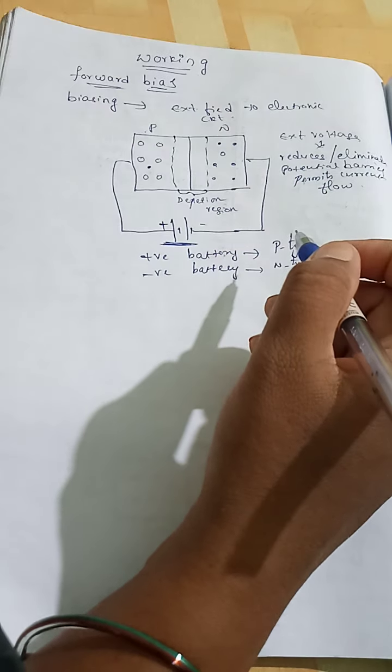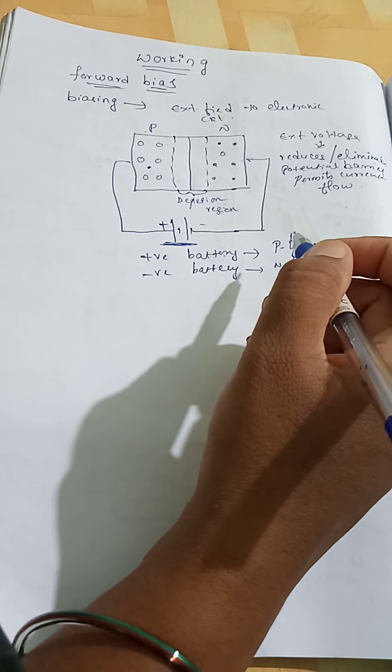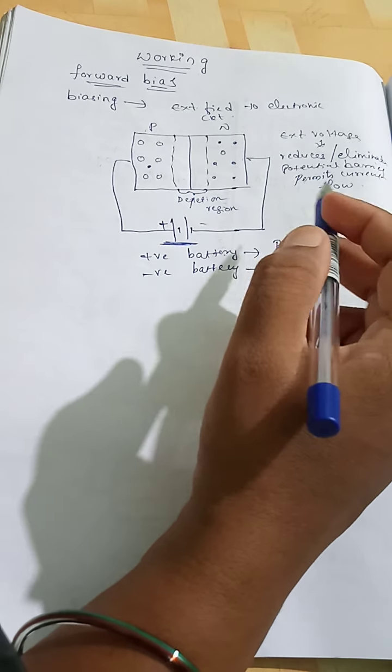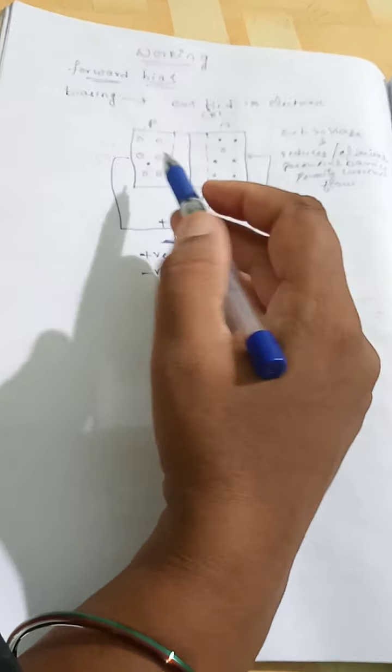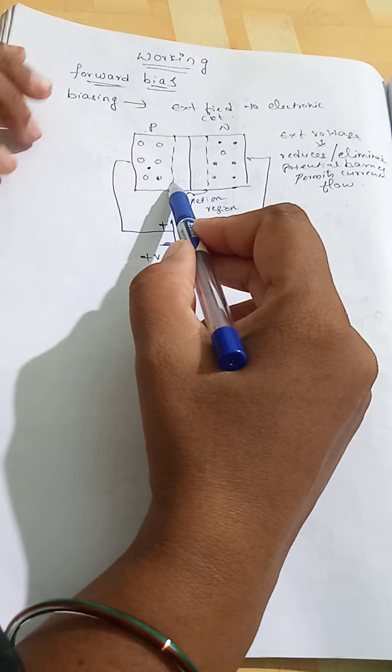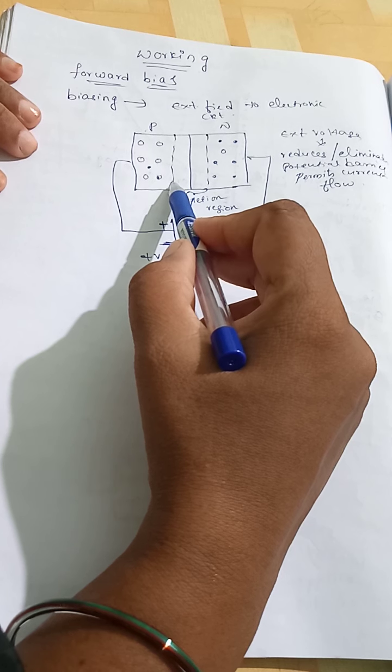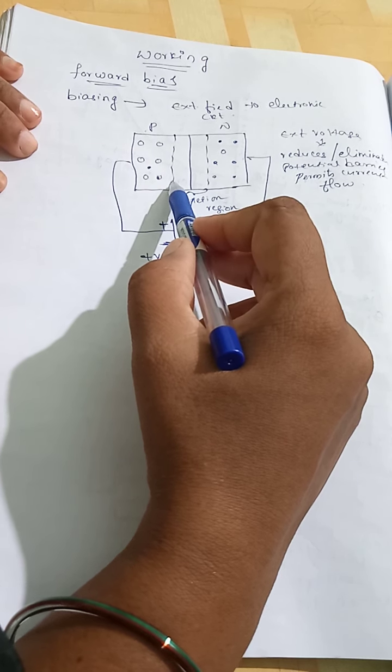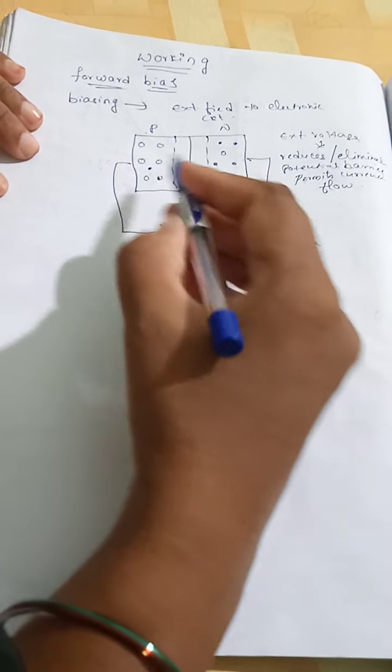Right? So now what is the situation? Let us see. For P, we connected the positive terminal of the battery. In P, the majority carriers are positively charged holes, and the minority carriers are electrons.